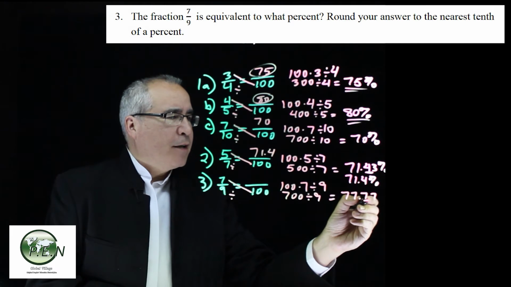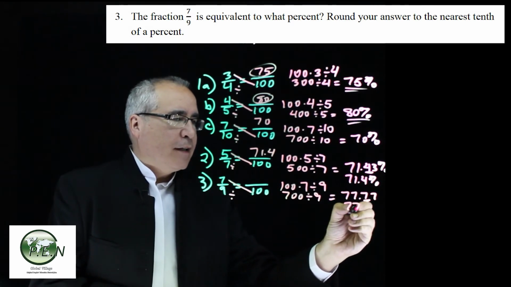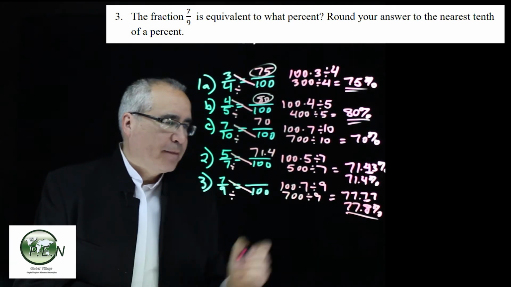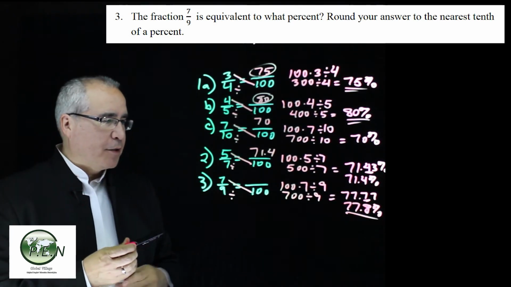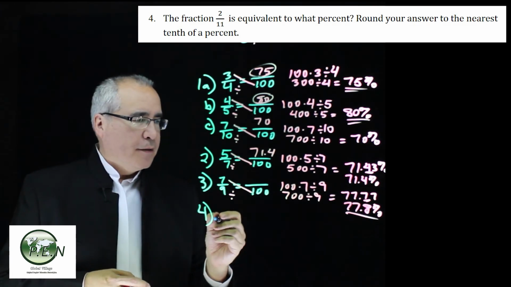So when we go to round to this tenth, we're going to round that to 77.8%. Okay, there we go. That's number 3.